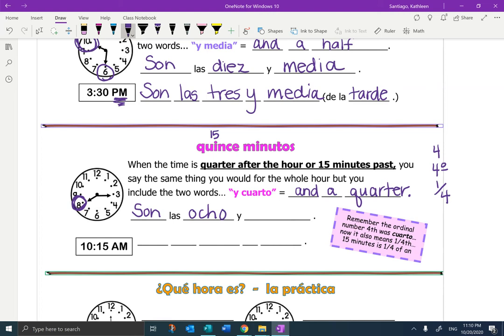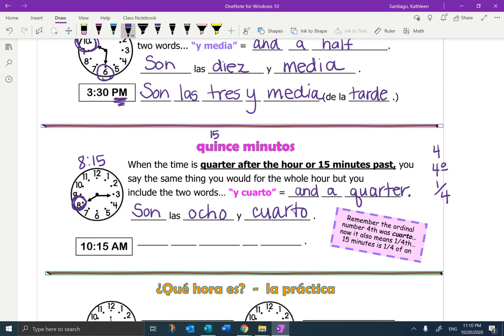And now we want to say and 1/4. 8:15. It is 8 and 1/4. So son las 8:15, which looks like this. Son las 8:15.